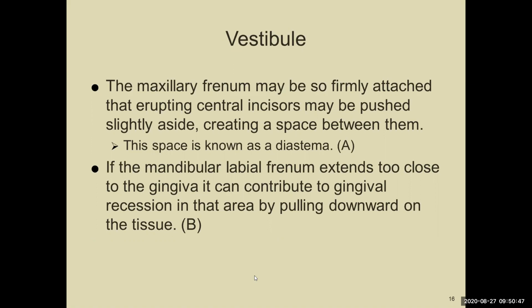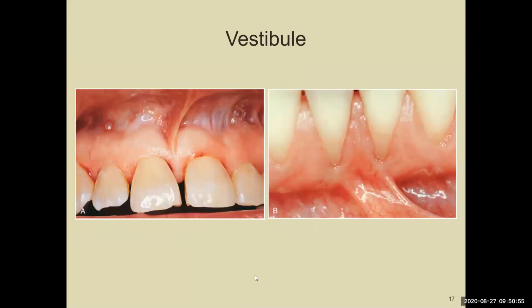If the mandibular labial frenum extends too close to the gingiva, it can contribute to gingival recession, pulling down. All right, so this is the maxillary anterior frenum here. It's a band of tissue. We call it muscle, but it's not muscle. It's just a band of connective tissue. And you can see that it comes really close down here.